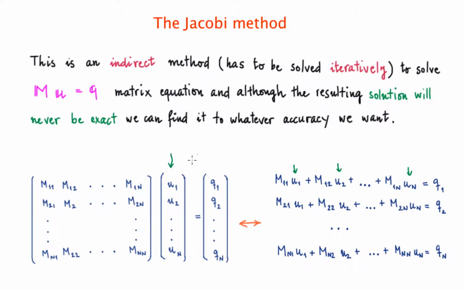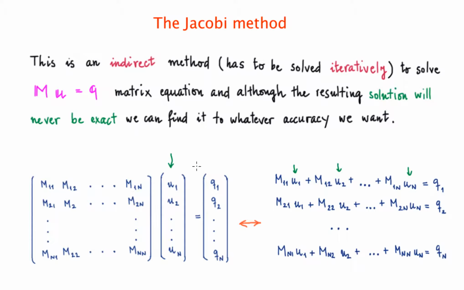The aim is to find a solution for the U values that satisfies this matrix equation. This is the kind of equation that we need to solve in the implicit method, or in the Crank-Nicholson method, when boundary conditions are included.